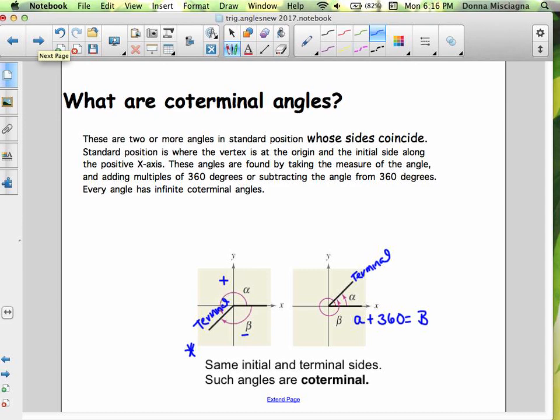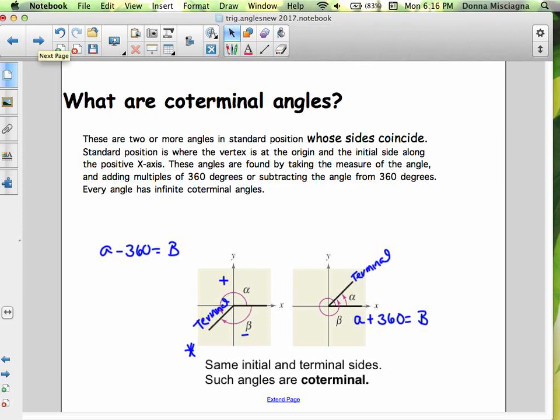This one here, the negative beta, is just going the other direction. So what if we took angle A and subtracted 360 degrees? We took that angle and went all the way around. Well, we'd have angle B. And now you actually know how to find coterminal angles.